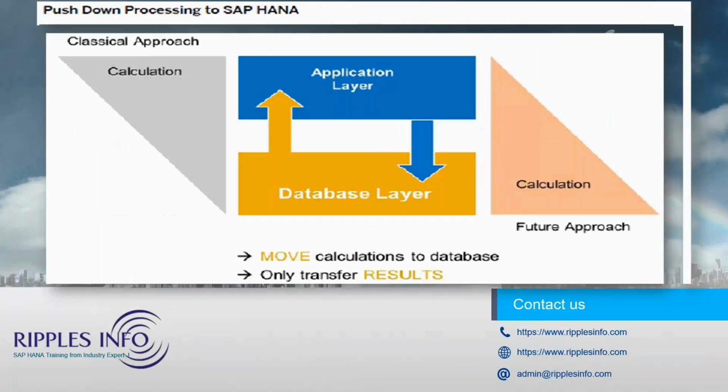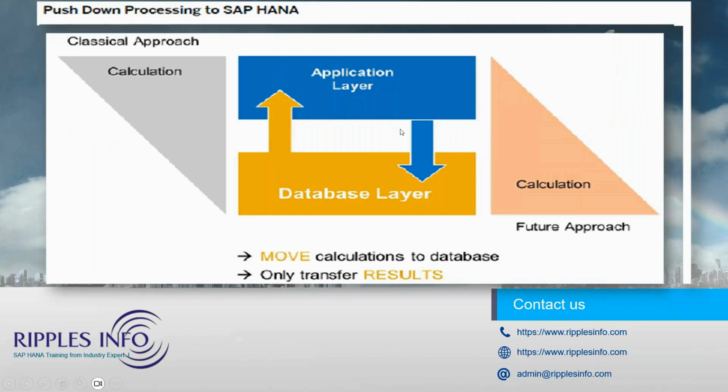Another most important thing they did is, as the database has such highly advanced data processing capabilities at the database level, they are able to implement a new concept called the push down approach.